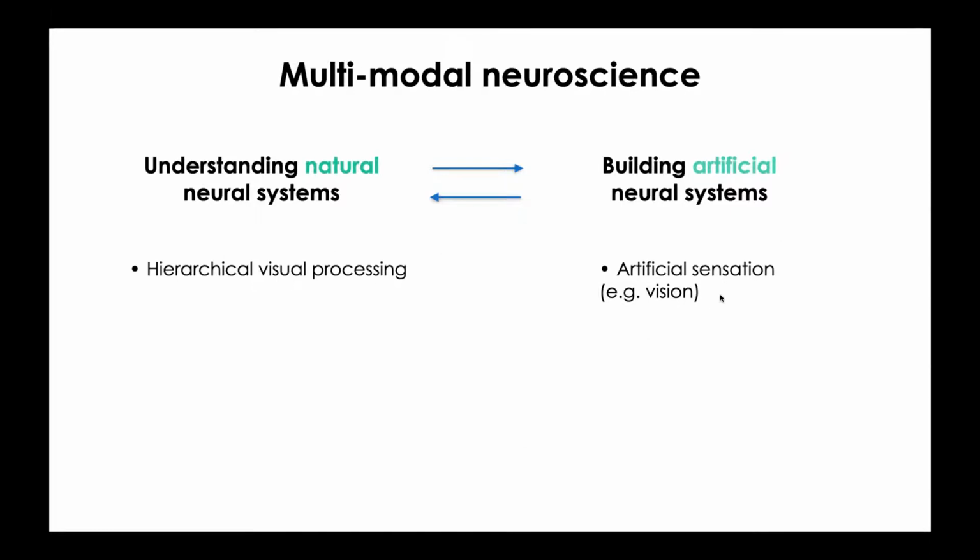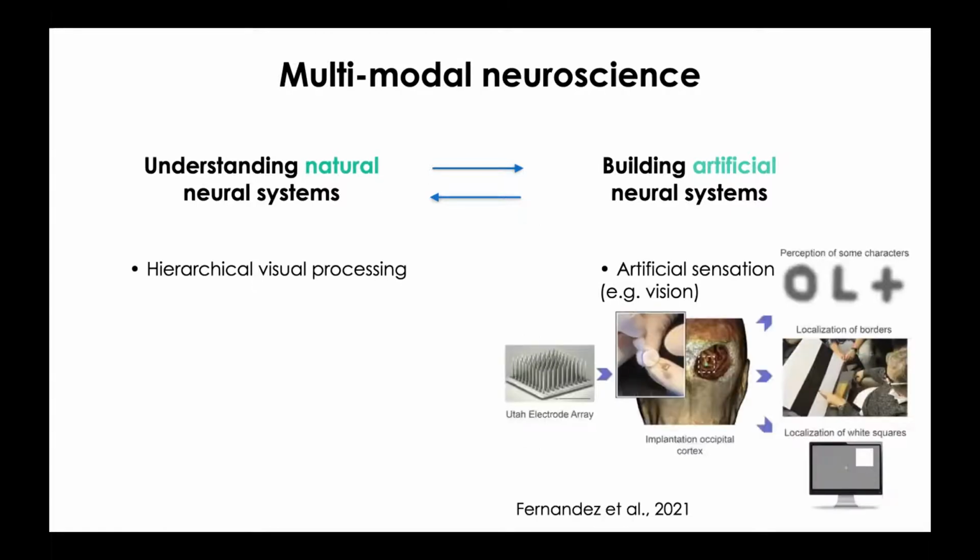The sort of parallel artificial system would be artificial sensation for vision. So what does it mean to have artificial sensation, or to want artificial sensation? Well, a nice study that just came out recently, it's all over the news right now, provides a very good example. There is a woman who has been blind for a long time, and she had one of these Utah arrays.